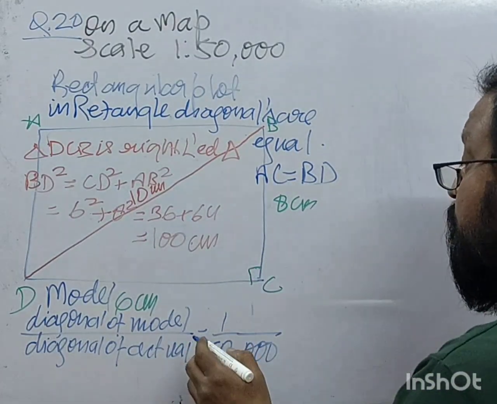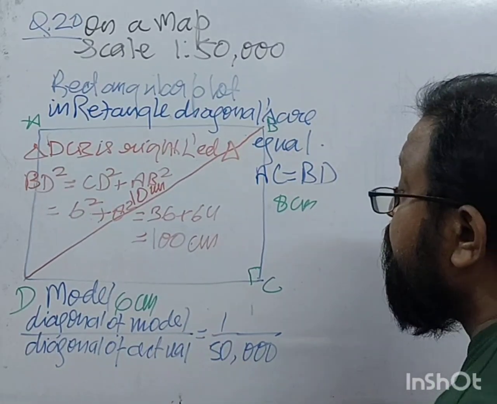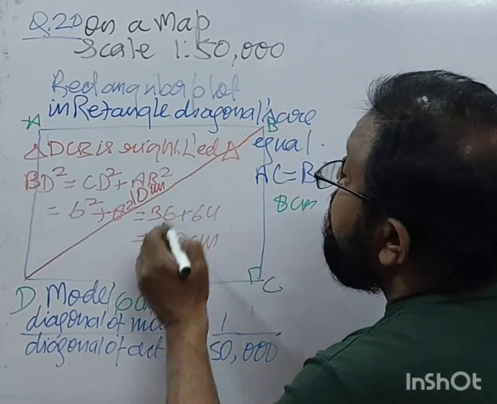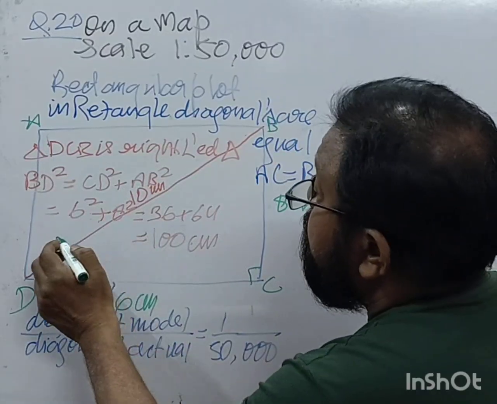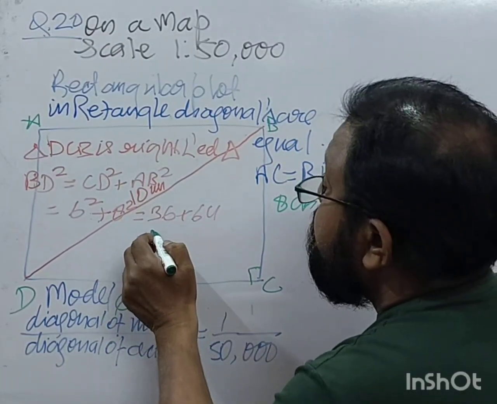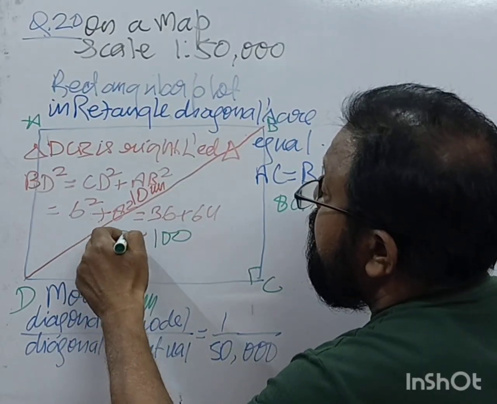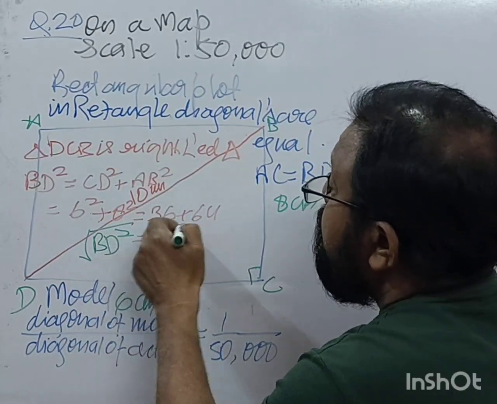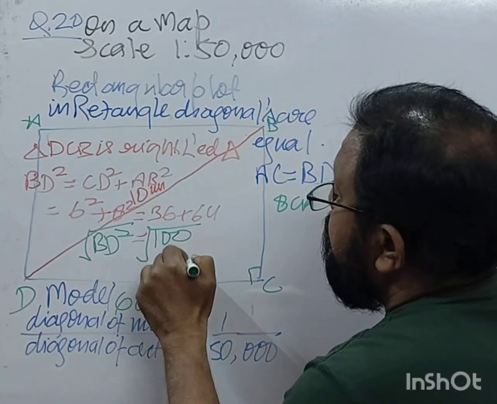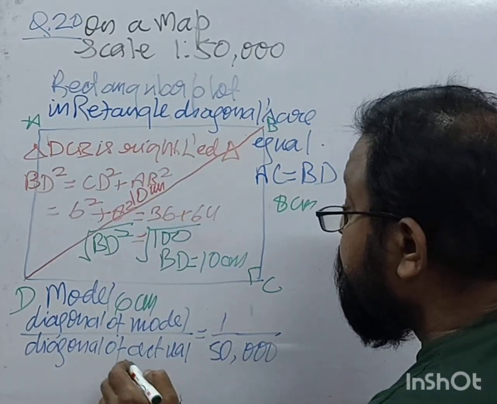So you know how much we find, it is basically 10 centimeter. BD square is equal to 100, taking root, so BD is equal to 10 centimeter. So the diagonal is 10 centimeter.